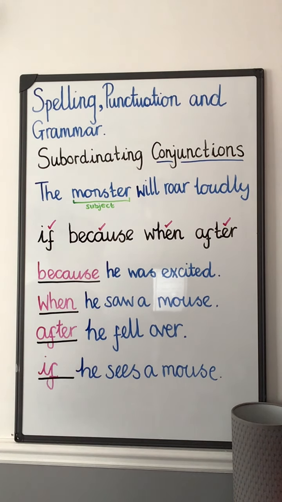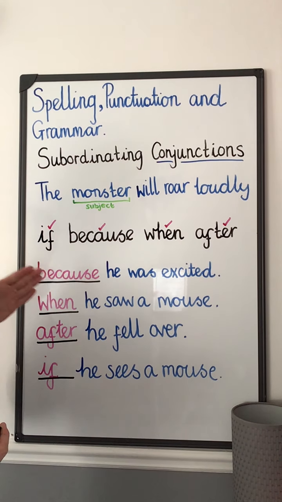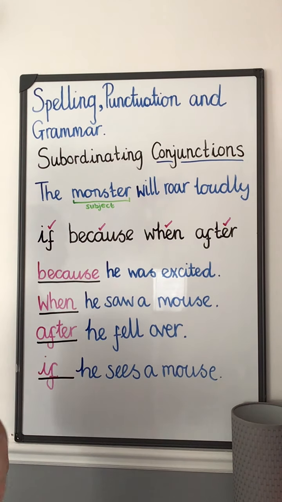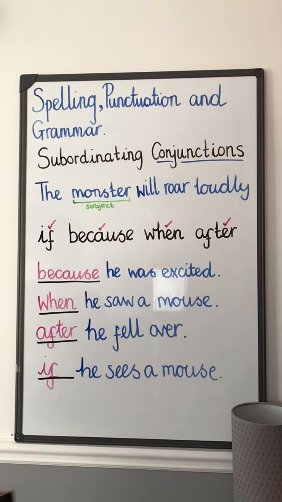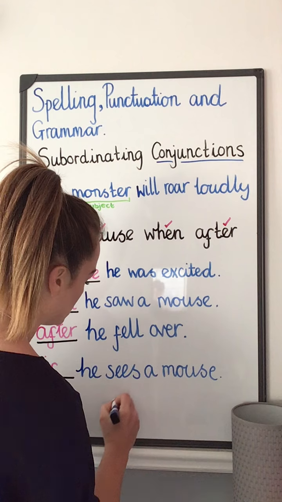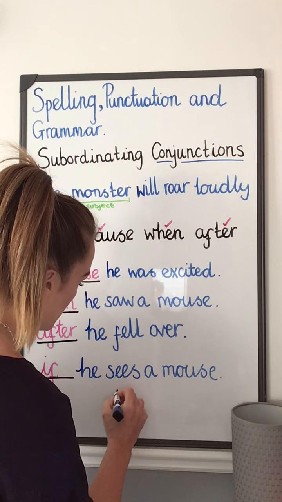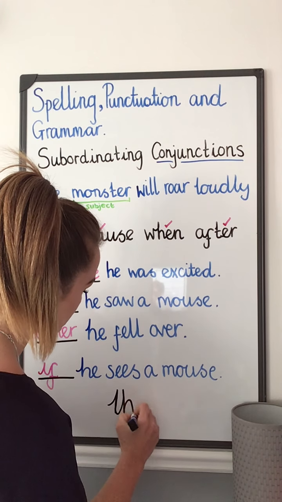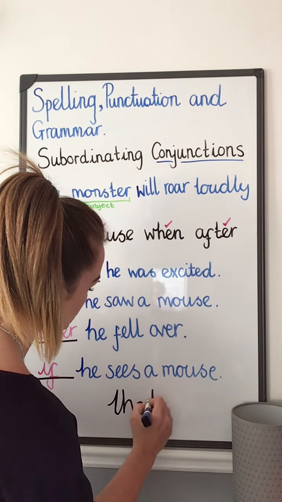Now the main thing you need to know for your activity is we are using subordinating conjunctions if, because, when and after. If you really want to stretch yourself, you can also use the subordinating conjunction, that. Now that one's quite tricky.